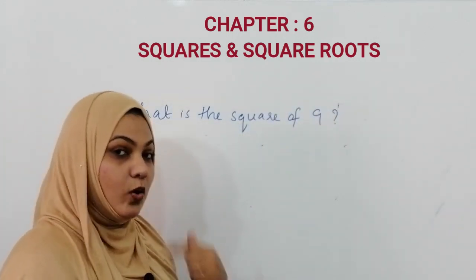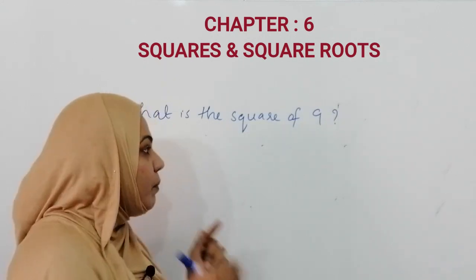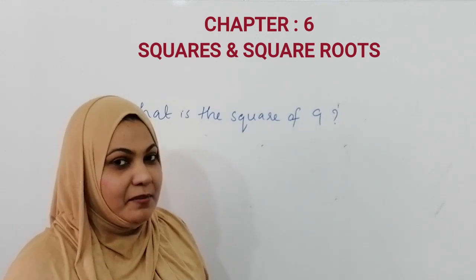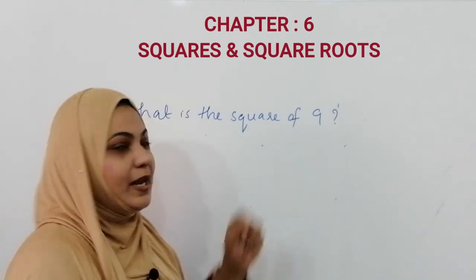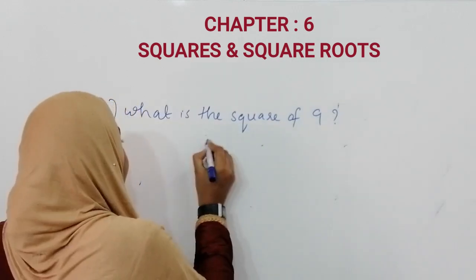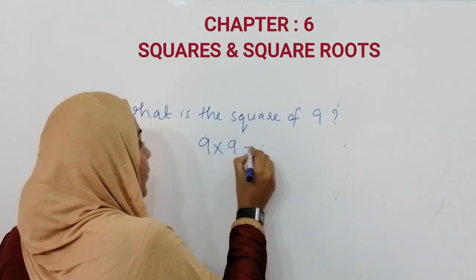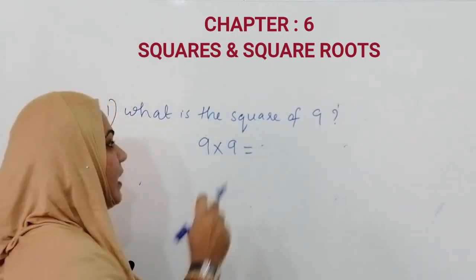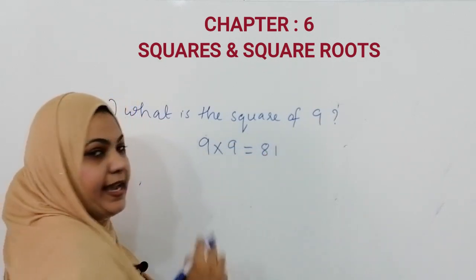You know that I already said the square of a number means when you multiply a number by itself, you will get the square of this number. So what is our number here? 9. So 9 multiplied by itself, you will get the answer, that is our square of 9. What is that? 9 square is 81.